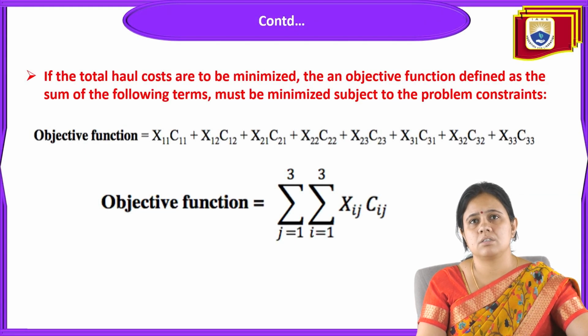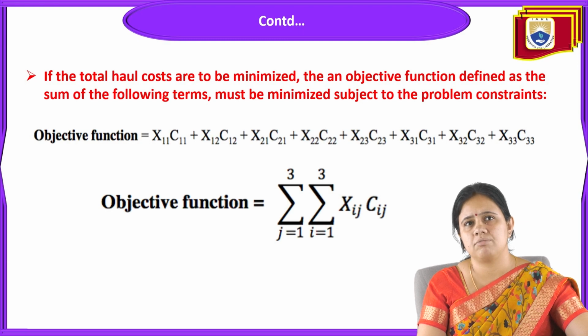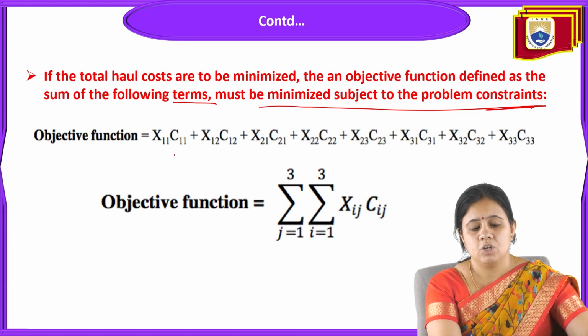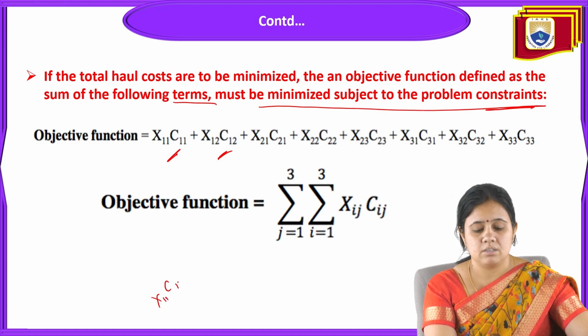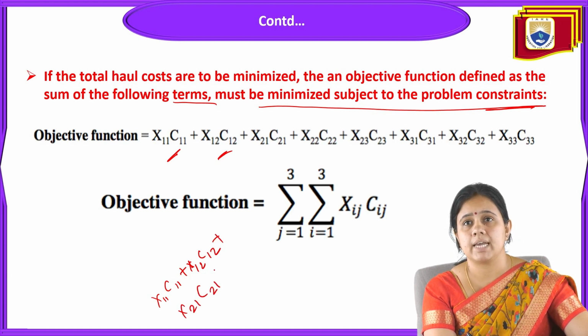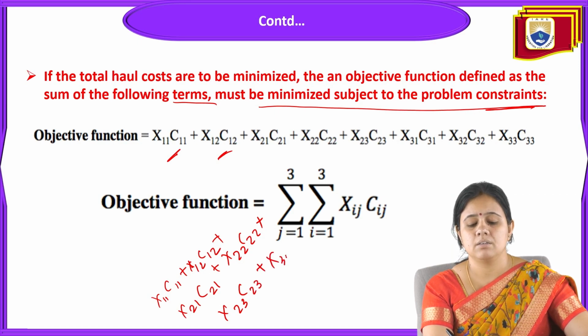If the total haul cost is to be minimized, then an objective function defined as the sum of the following terms must be minimized subject to the problem constraints: x11 c11 plus x12 c12 plus x21 c21 plus x22 c22 plus x23 c23 plus x31 c31 plus x32 c32 plus x33 c33.